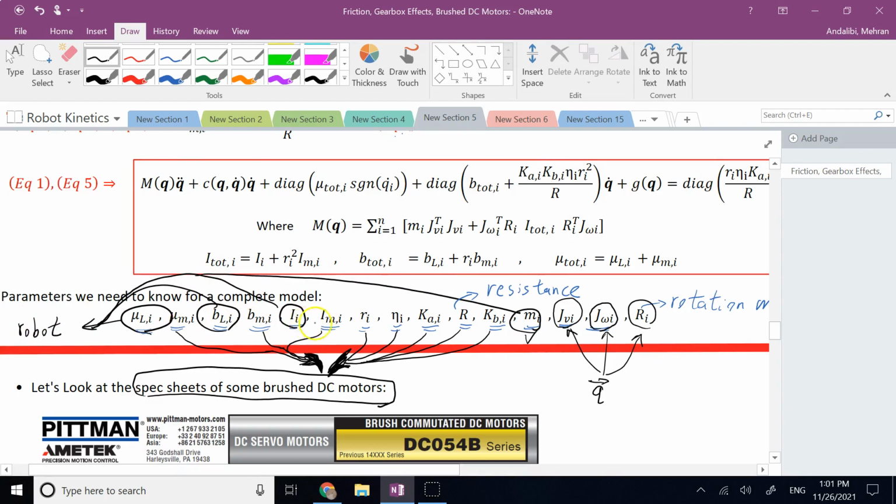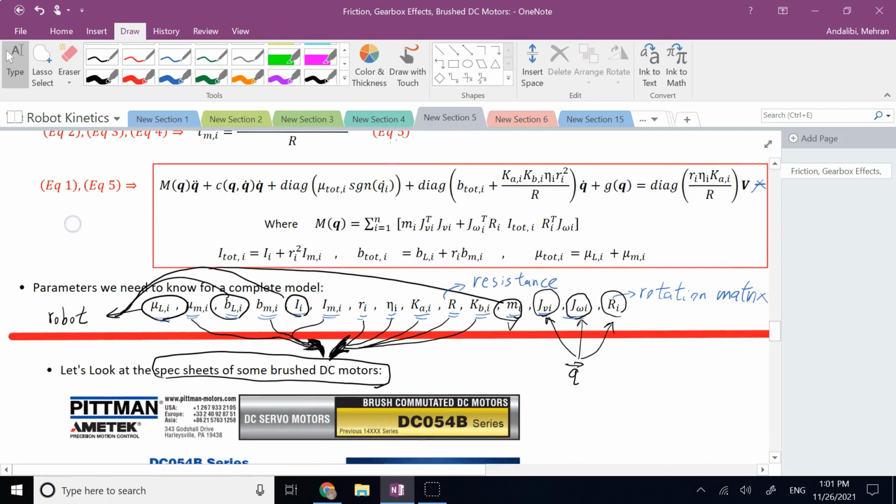Correct? So once you know your robot, once you know your DC motor and the gearbox of it and everything, and once you know the configuration of the robot, at each point you can determine each and every one of these parameters. As you can see, there are a ton of parameters here, right?